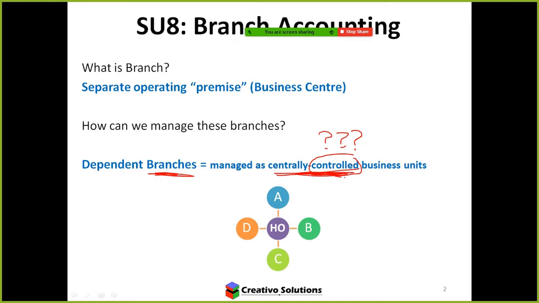And that's why I'm saying, for example, Nando's and Spar, Woolworths, all of those big stores that have lots of branches. If those branches are separately owned, it's a franchise rather than a branch. If it's a branch, it's controlled somewhere else, head office.